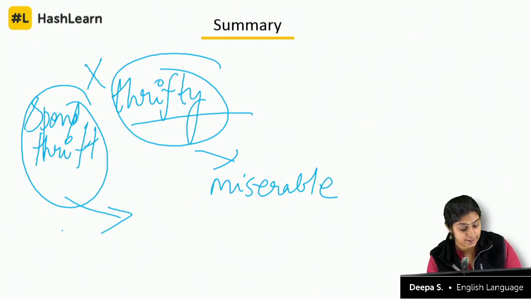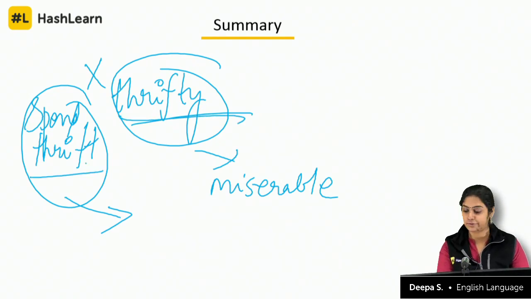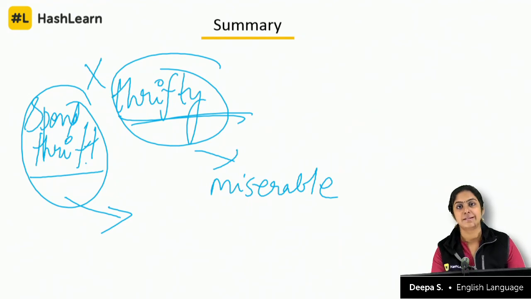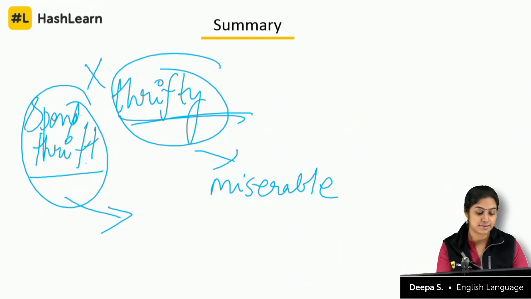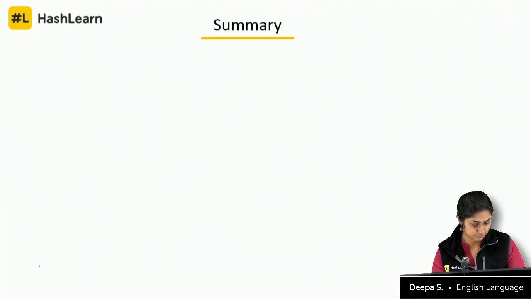Spendthrift, on the other hand, means someone who spends a lot. The interesting factor is thrift, that repeats. Even if that is the case, it is quite opposite. So spend here is the interesting word. He likes to spend a lot, spendthrift.